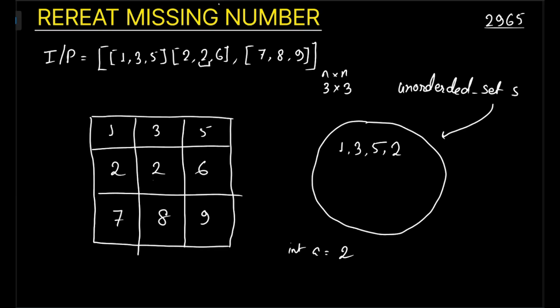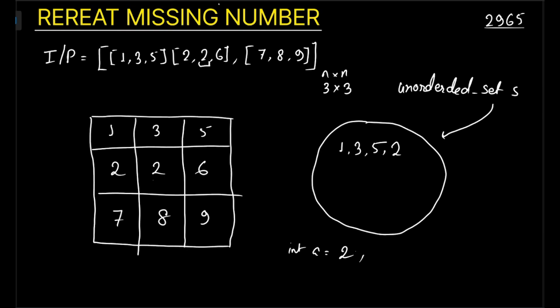And then after this, means this is a repeated number, and we have to also check what is the missing number. How to check this?